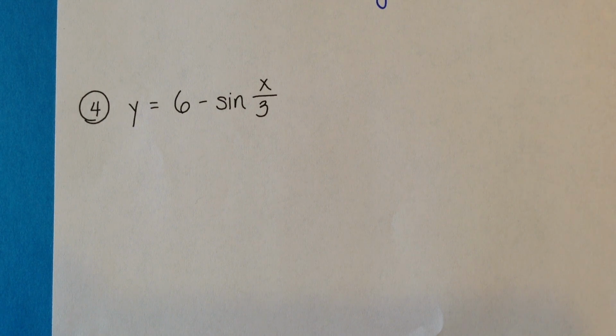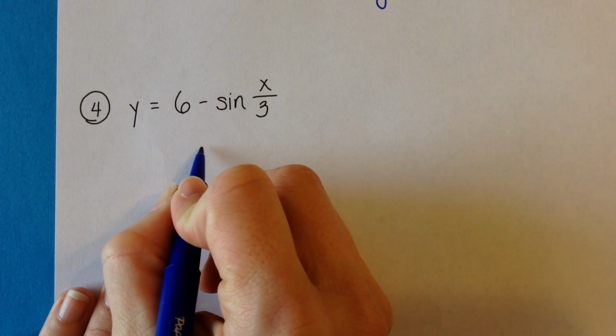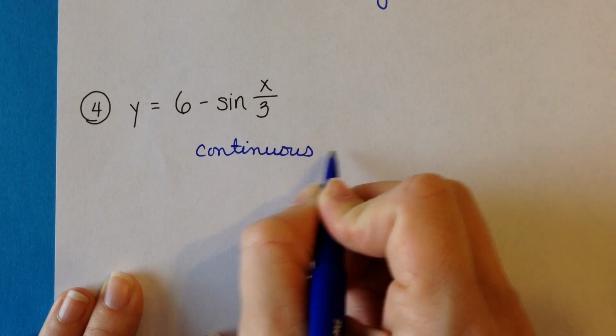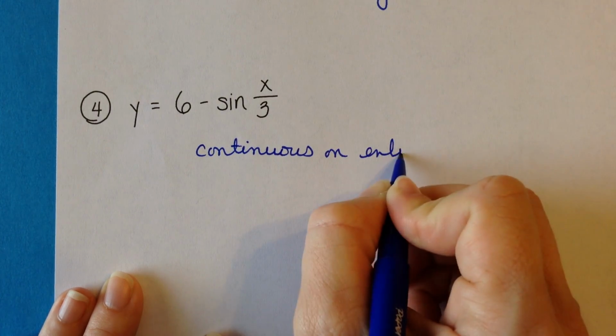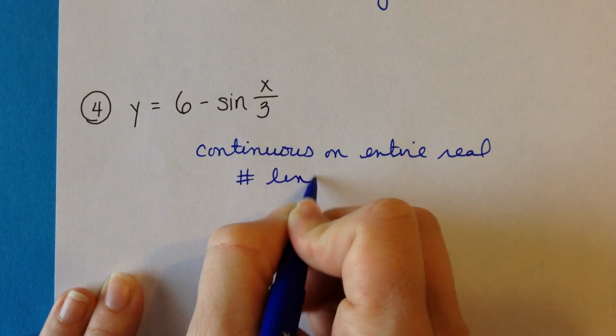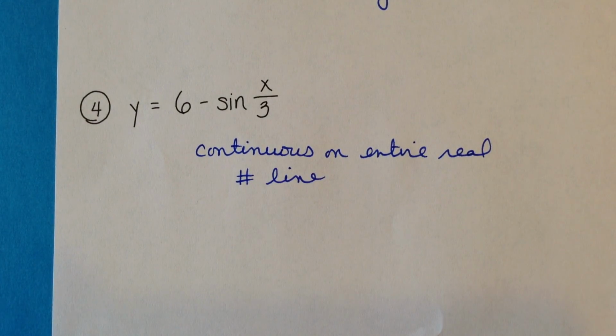When you're dealing with sine or cosine, either one, there aren't any holes, jumps, gaps, no interruptions whatsoever. So if there's nothing to worry about with the 6 and nothing to worry about with the sine, then this one's going to be continuous on your entire number line. Again, at any point with any of these, you can graph them in your calculator if you want to take a look at it.